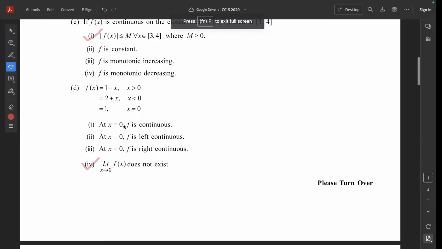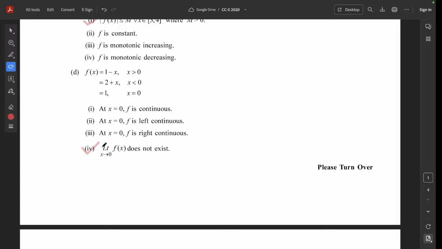Question 1d. f(x) equal to 1 minus x when x is greater than 0, f(x) equal to 2 plus x when x is less than 0, f(x) equal to 1 when x equal to 0. Correct option is 4: limit of f(x) as x extends to 0 does not exist.